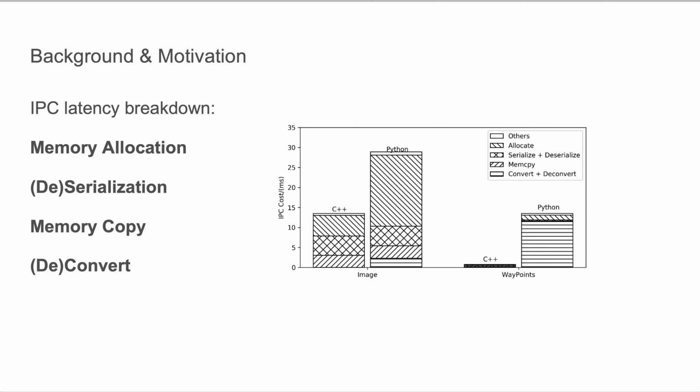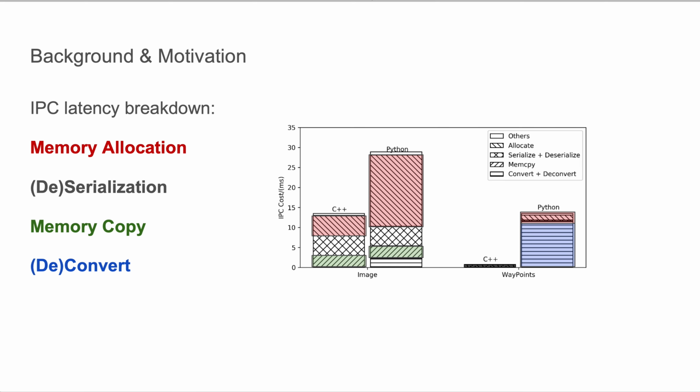Image has a plain structure, and waypoints is a multi-level nested structure consisting of large numbers of small-size objects. The breakdown of IPC latency can be classified into memory allocation, serialization and deserialization, memory copy, convert, and deconvert phases.